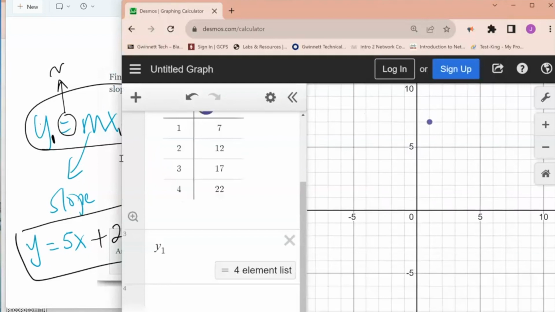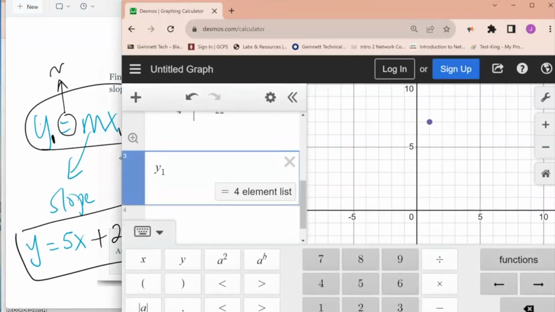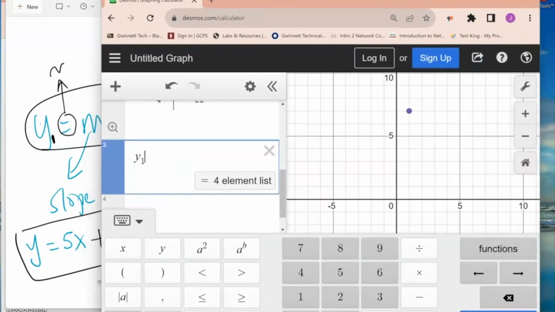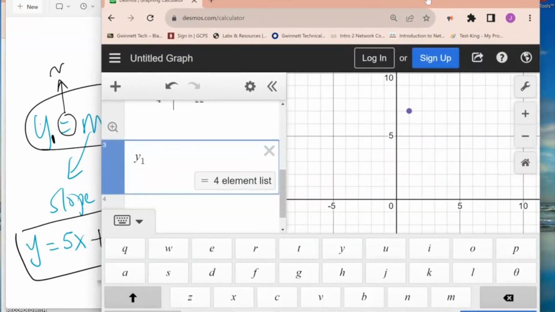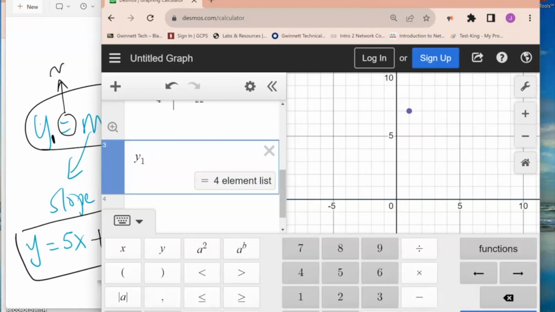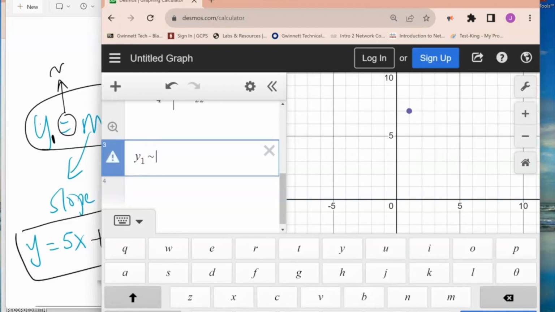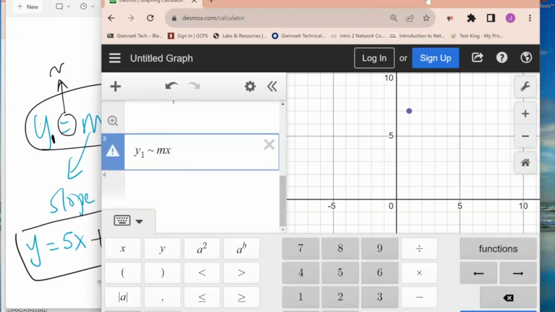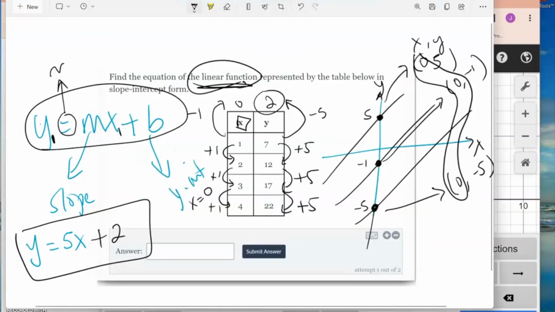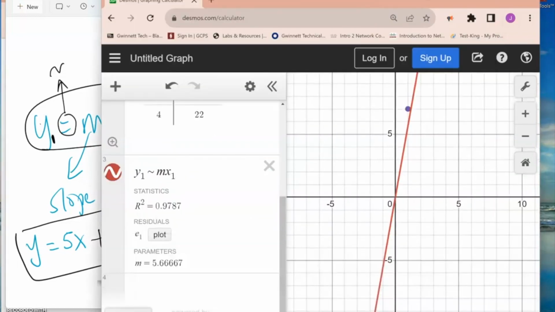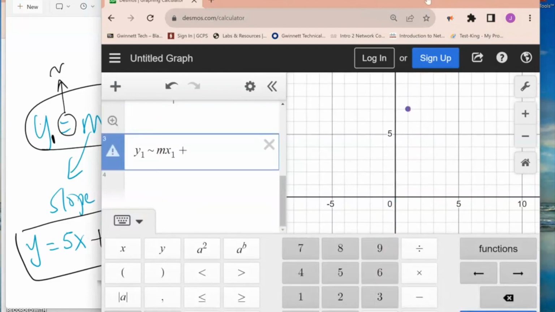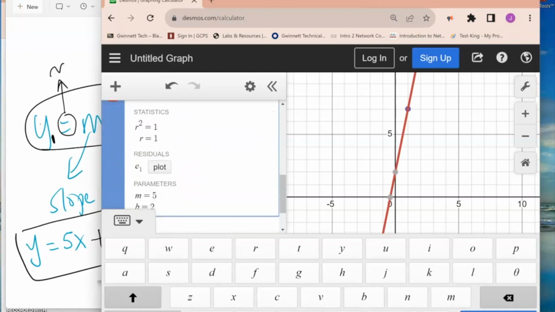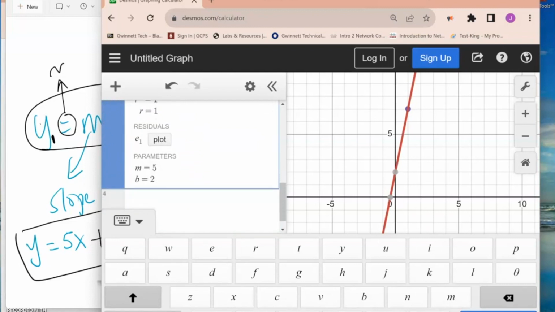I forget what it's called, but look for the squiggly line. Maybe ABC. Yep, right here. So hit ABC and the squiggly line is right there. Then m, then x sub 1, so put the 1 after it, and then plus b.